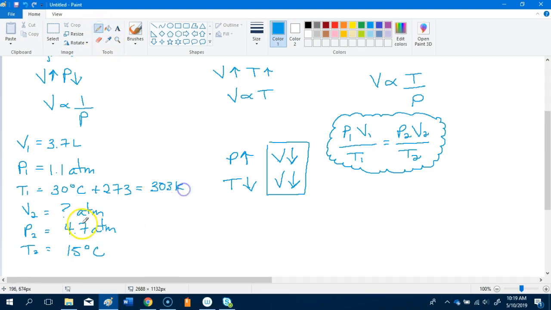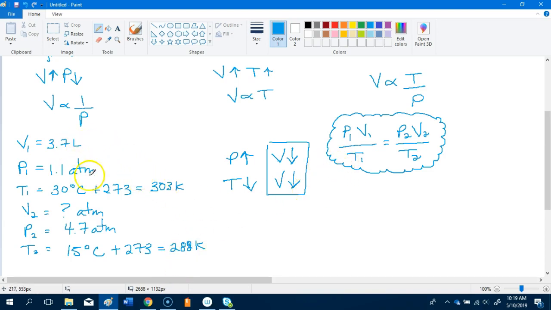The final volume is what we're trying to find. We add 273 to 15 degrees Celsius, and that gives us 288 Kelvin.